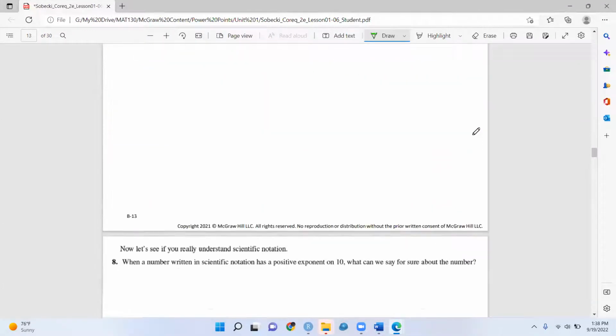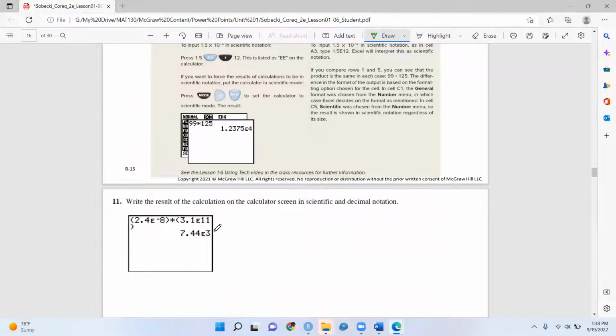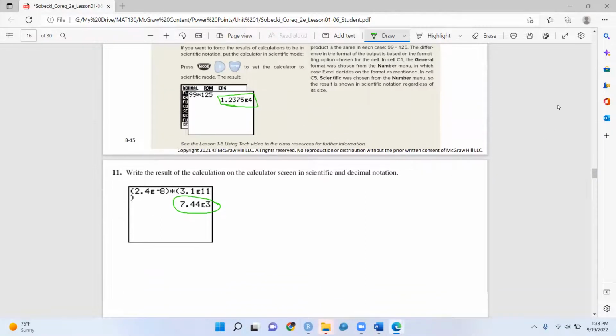Which then leads us to this little thing. If you're using a TI-84 or even some other calculator, you will often see this little E and then a number after it. And what that stands for is scientific notation. So this is how a TI-84 writes scientific notation, which looks like this in decimal notation.